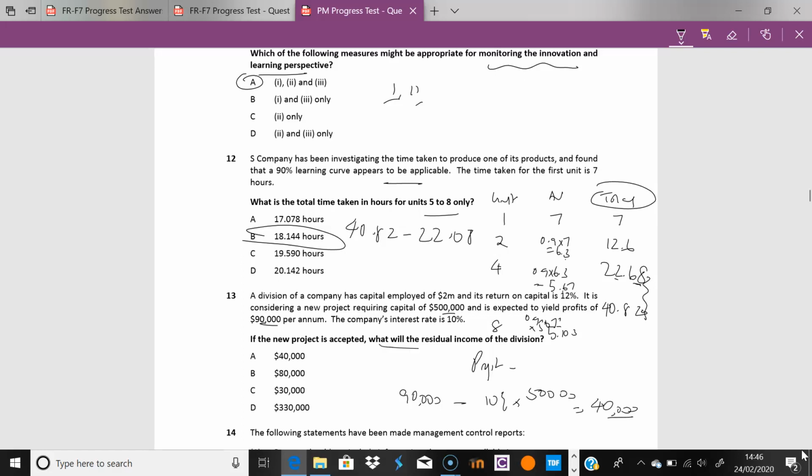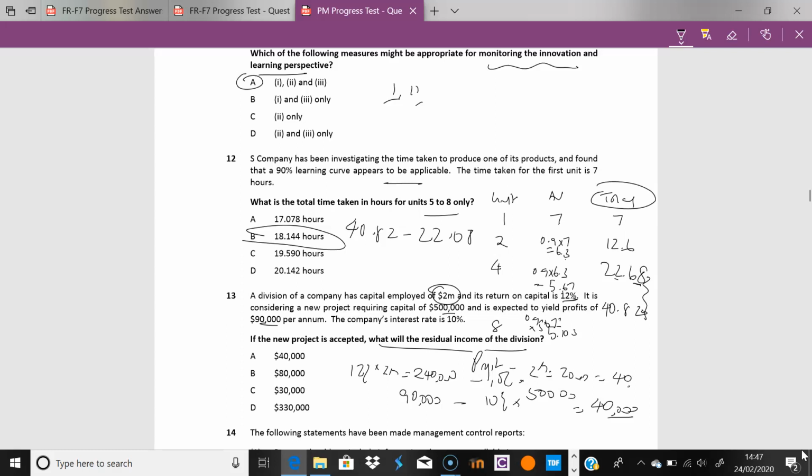But the question is asking of the entire division. So the existing projects had profits, the return on capital employed was 12% of the capital employed. So 12% of the capital employed of 2 million comes to 240,000. And when we take away 10% of the capital employed, which was 2 million, here we have 200,000.